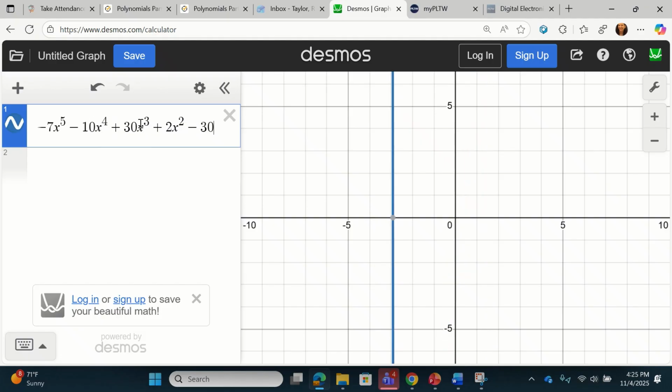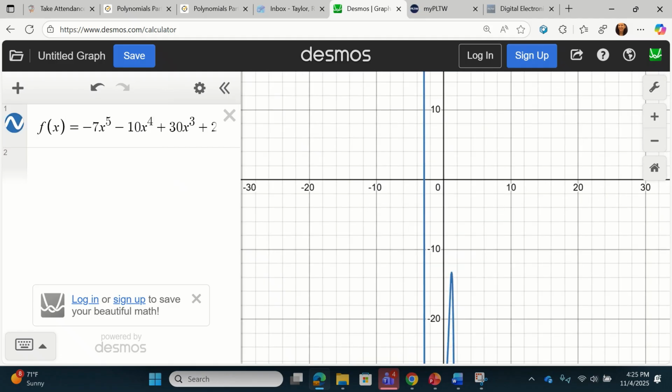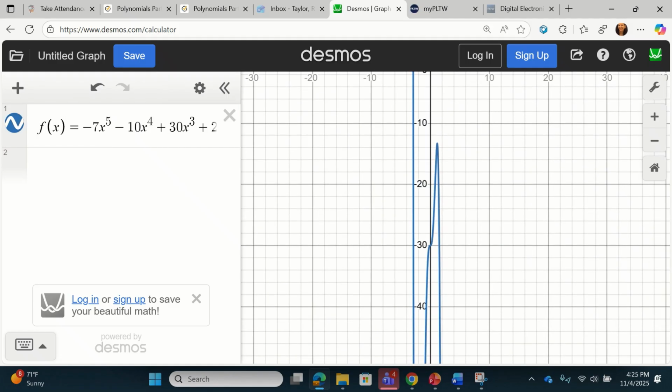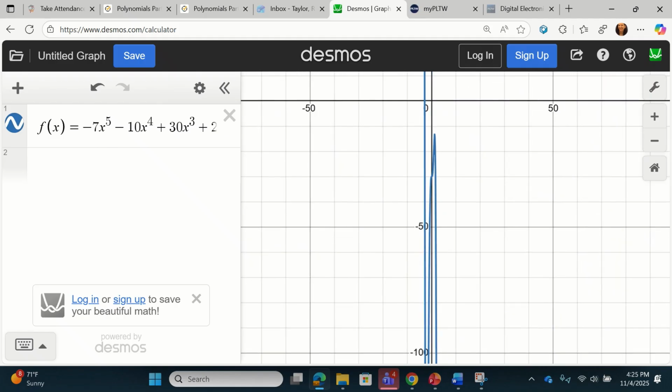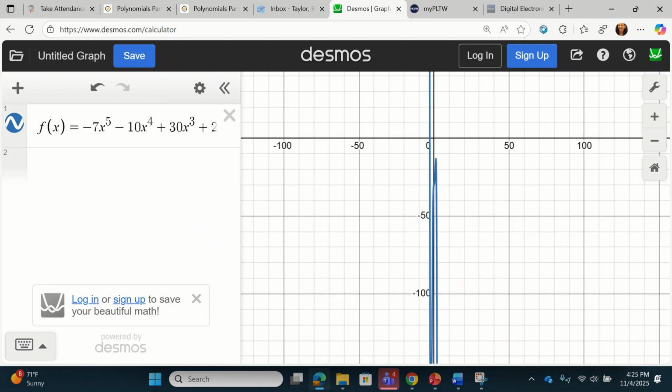Okay. And what I did when I wrote that was I wrote it intentionally so that when you graphed it, you would not see anything meaningful. Now, if you're doing this on a touch screen, you can probably just pinch in and slide and drag until you can see everything that you need to see.